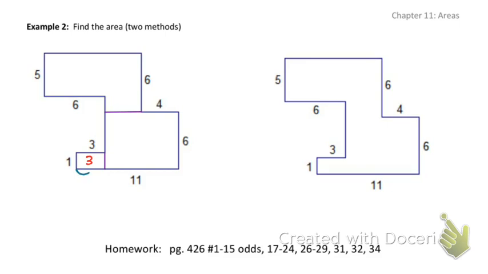So I say, well, okay, from here to here is 3. So that means that new box that I drew would be 11 minus 3, which would be 8. So the area of that box I just drew would be 8 times 6, which is going to equal 48.